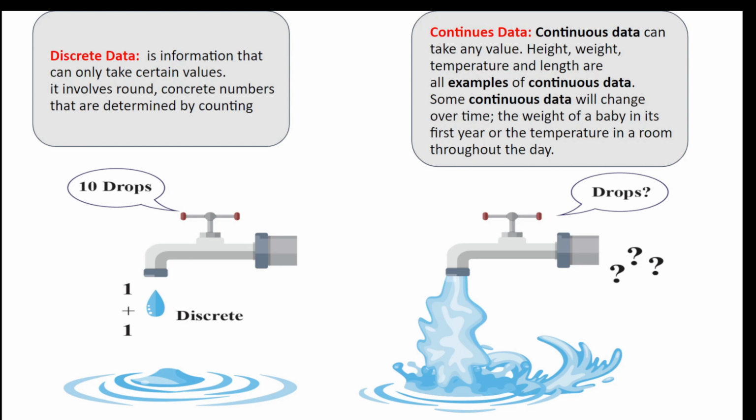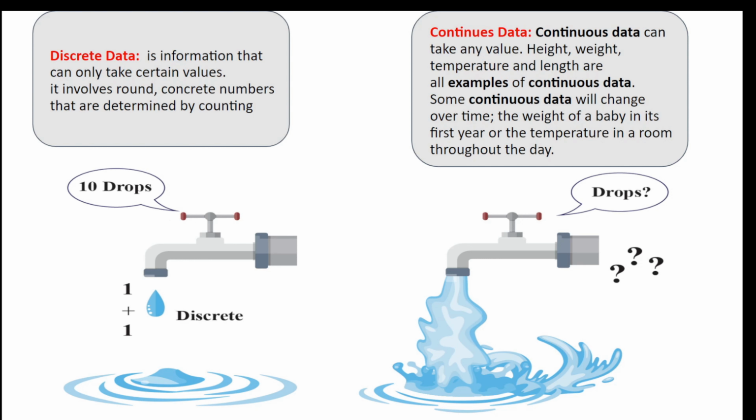However, there is some information that we cannot really count. We cannot really tell when it began and when it ended. We can only see that there is a lot of information there. This is continuous data.